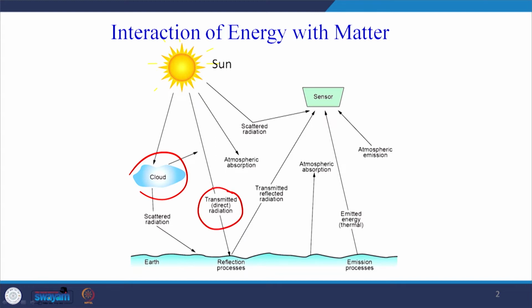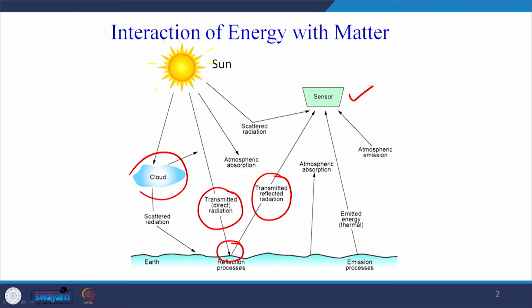So we can see that when it strikes the object, the earth surface, various objects present on the earth surface, then the scattering process, absorption process, transmission process and reflection process all take place. We are more concerned about the reflected energy because this is captured by the sensor on board the satellites, but we should know the impact of the other processes which have taken place before the reflection.